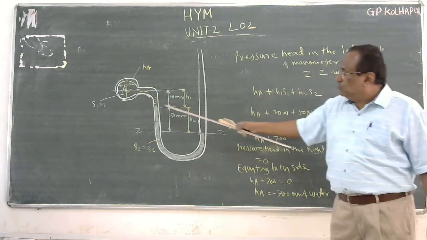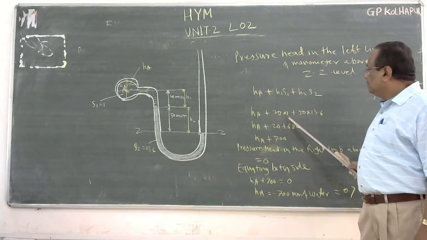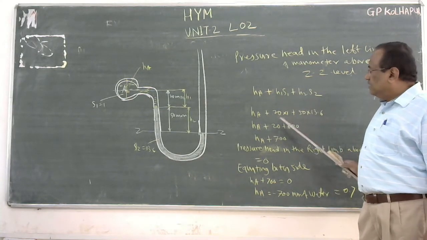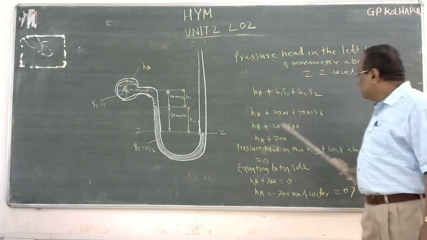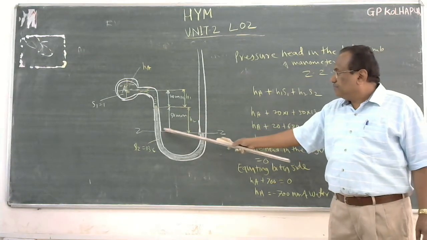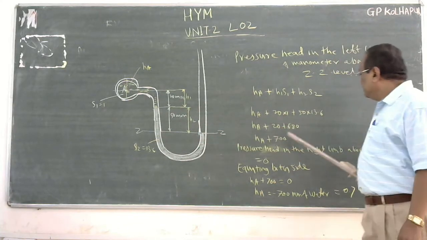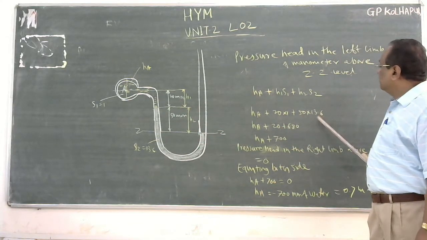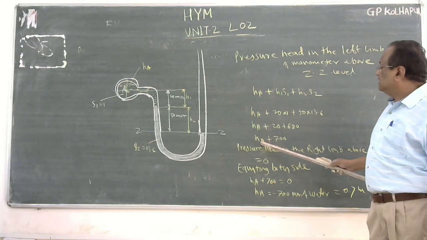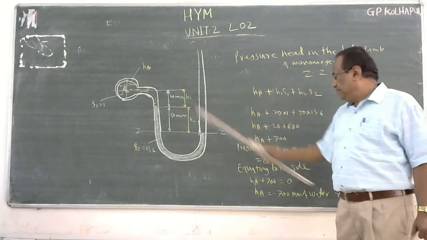The pressure due to this water column of 20 mm is 20 into 1, that is the specific gravity of water, plus the 50 mm height of mercury column in the left limb multiplied by the specific gravity of mercury, that is 50 multiplied by 13.6. It comes out to be HA plus 700. That is the pressure head in the left limb.